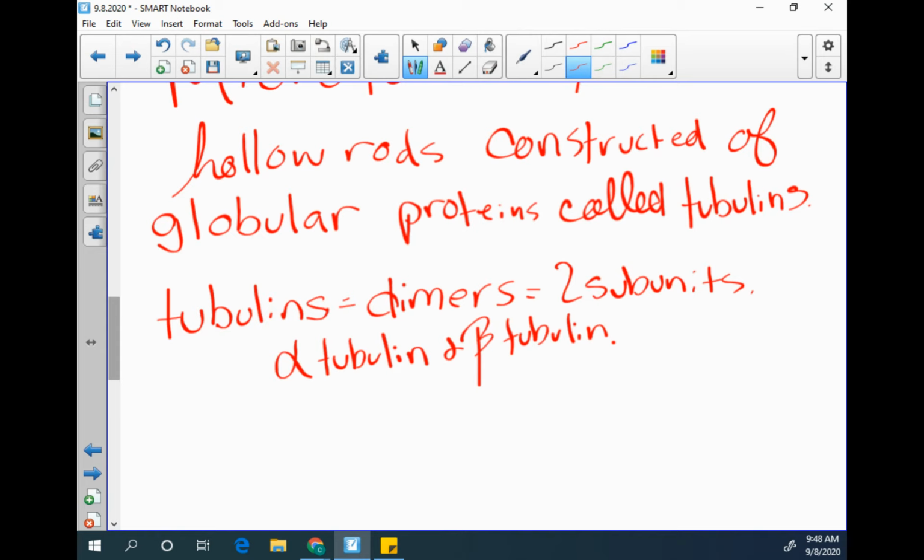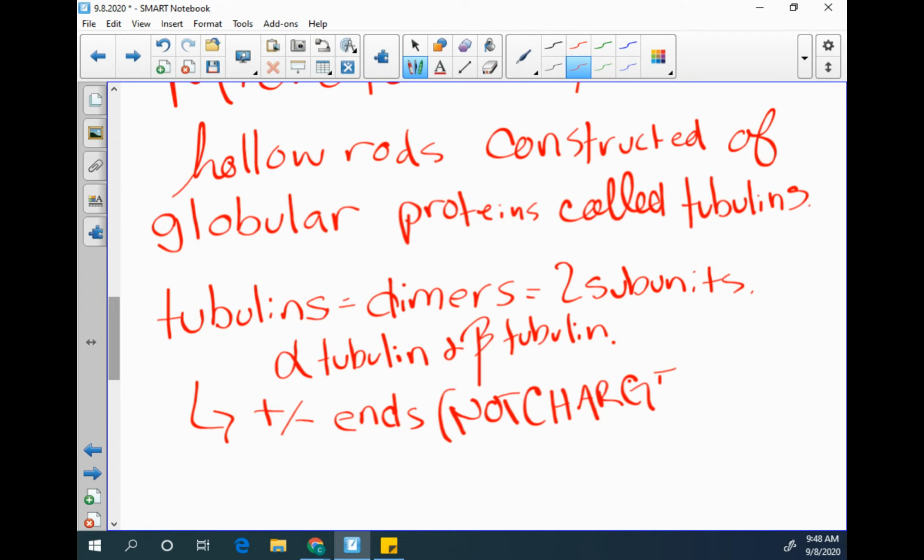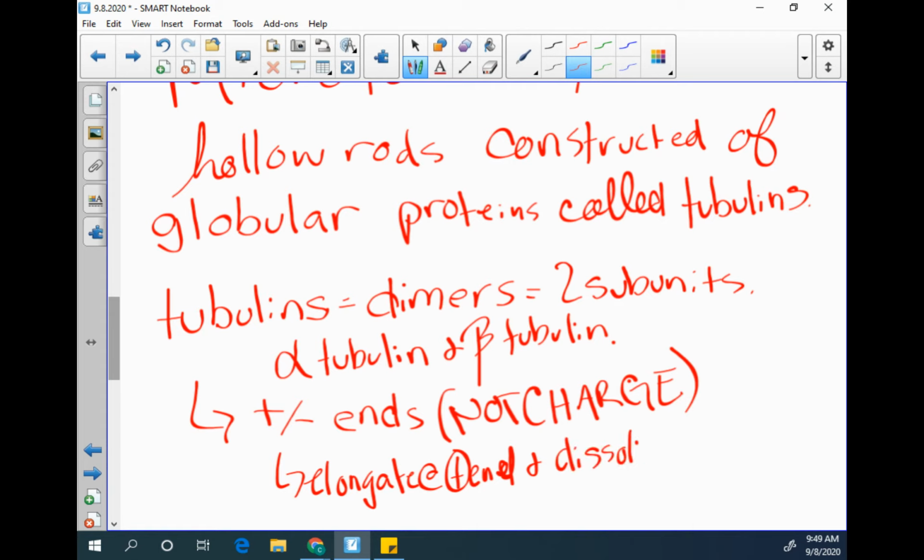They have plus and minus ends. This does not denote charge. The plus and minus ends essentially tell us where they grow from. So they elongate at the plus end and dissolve at the minus end.